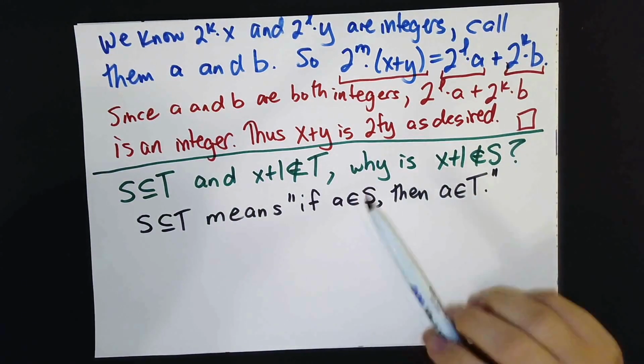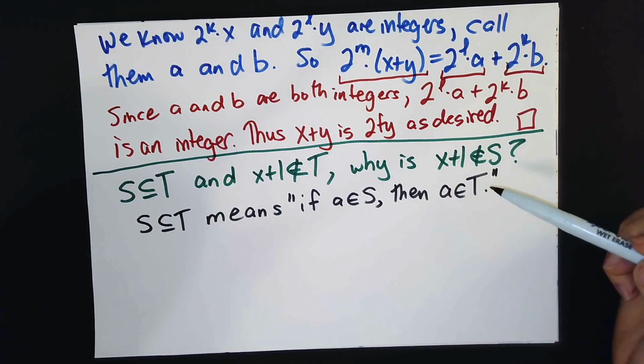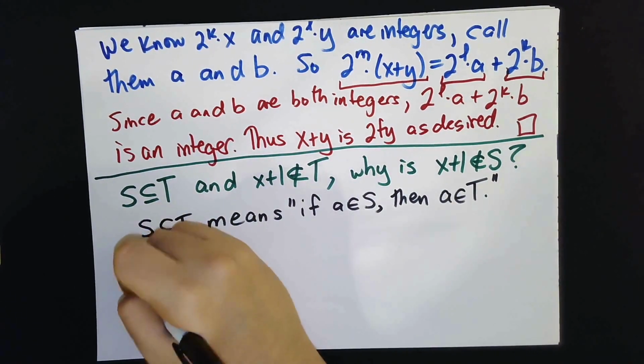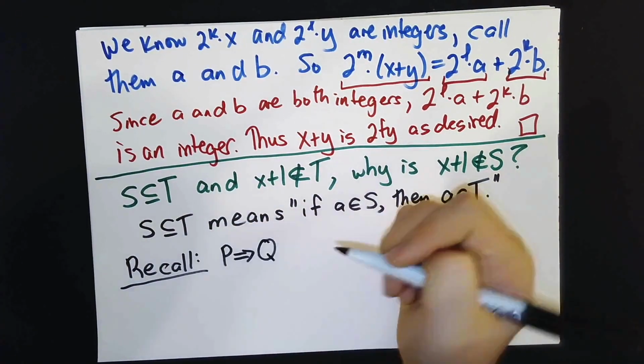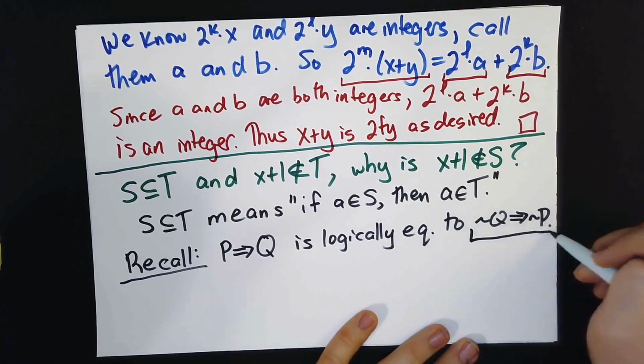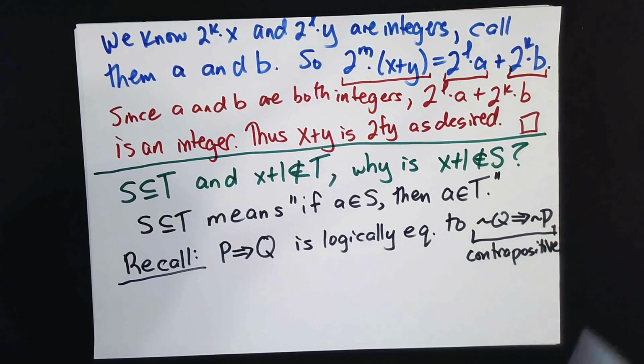I really want to know something about not being an element of T. And here is where we have to remember our friend the contrapositive. Remember, P implies Q is logically equivalent to not Q implies not P. This is the thing we called the contrapositive. Not the converse, this is the contrapositive.